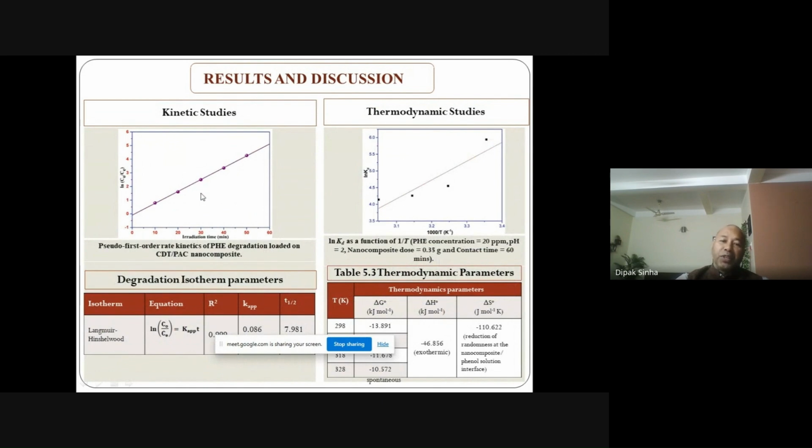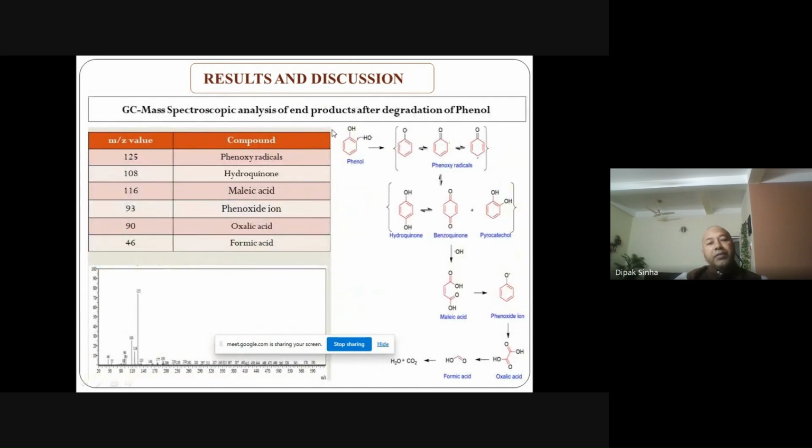Normally when you go for photocatalytic reactions, we go for kinetic studies and thermodynamic studies. This has been done. It is also important to mention what different compounds are formed in the reaction, because this is a complex reaction where radical reactions are taking place.